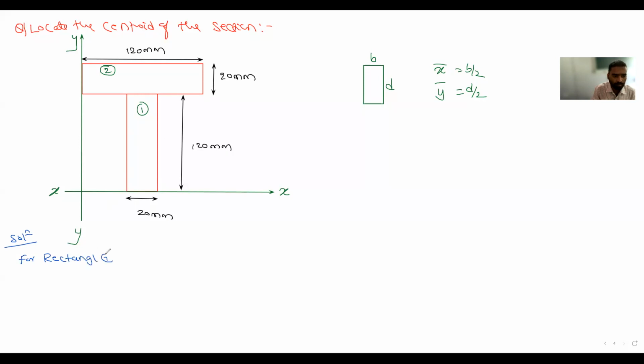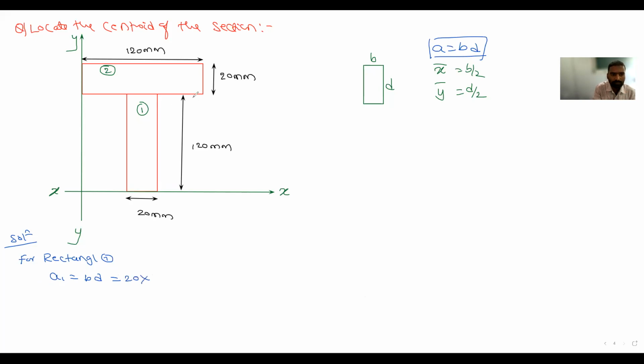For rectangle 1, what is the area? I will take the small letter a1. Can you tell me the area of a rectangle? Area is equal to B into D. What is the breadth of the first section? 20.